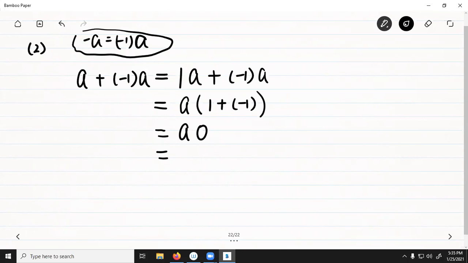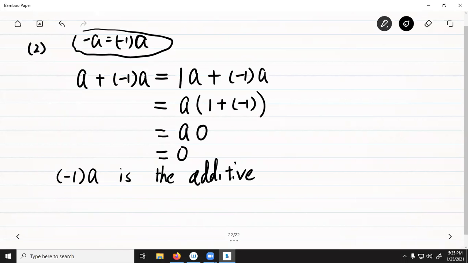So this is equal to 0. So from this calculation, we notice that this negative 1 times A is the additive inverse of A.